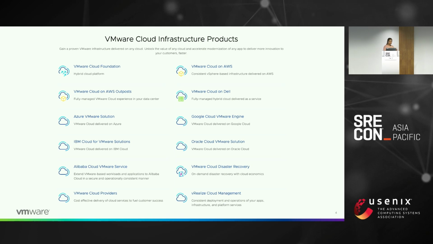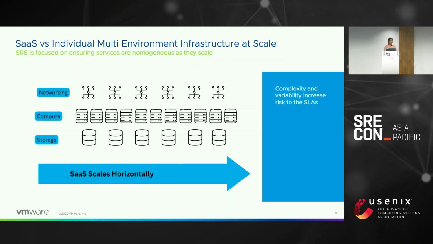So while most of the infrastructure scales vertically, like you add storage, network, and all other things, our infrastructure scales horizontally. So we are talking about scalability here.